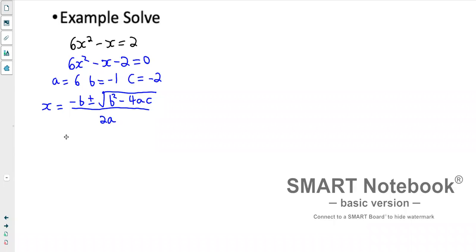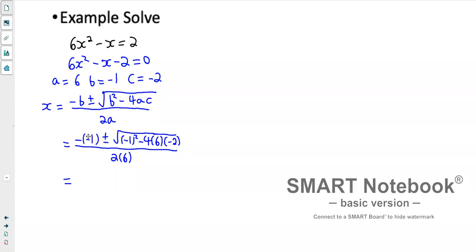So we'll start filling in our values. So we have negative of -1 plus or minus the square root of (-1) squared minus 4 times our a value of 6 times our c value of -2. And then that's being divided by 2 times our a value of 6.